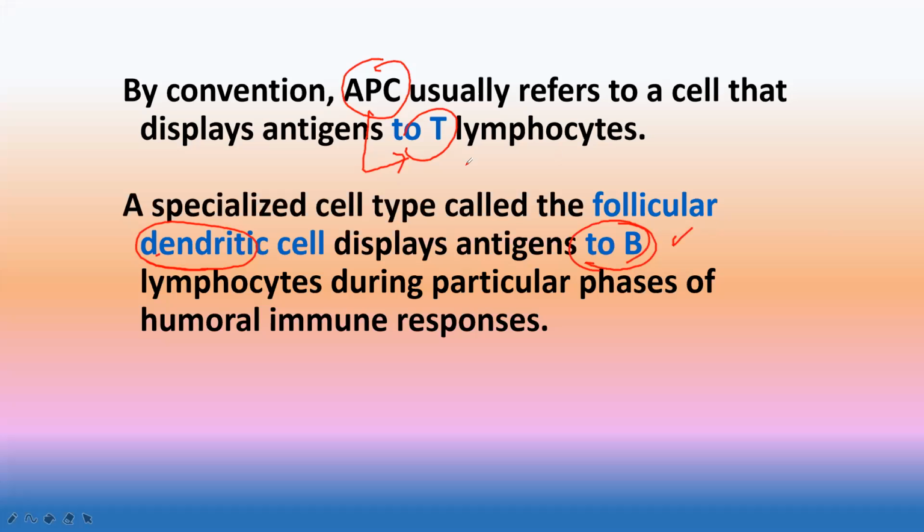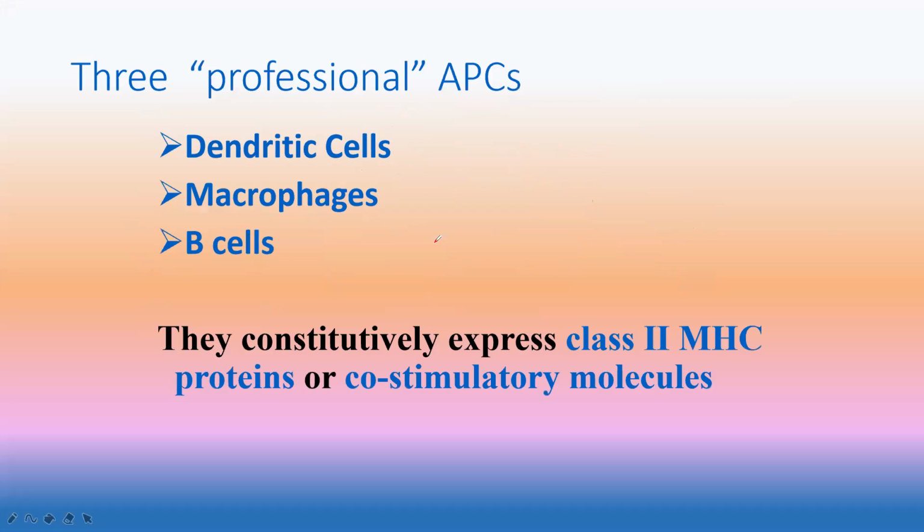Majority, we present it to CD4 cell, or you can also present to CD8 cell by other body cells, okay? But antigen presenting cells only present antigen to CD4 cells. Clear? So sometimes we present antigen to B cell, but very rarely, very little function.